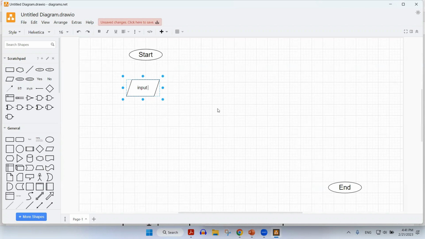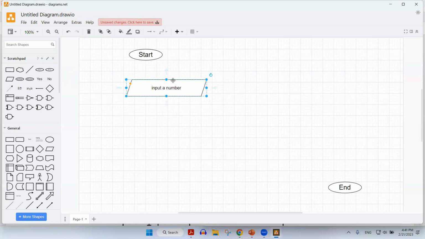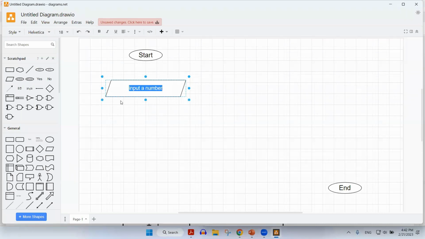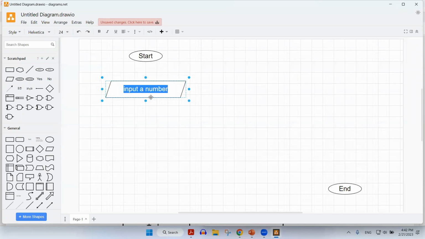So we can say input a number, right? When you are indicating the input, that particular text should be associated with something like input, or you can say enter a number, or obtain a number.